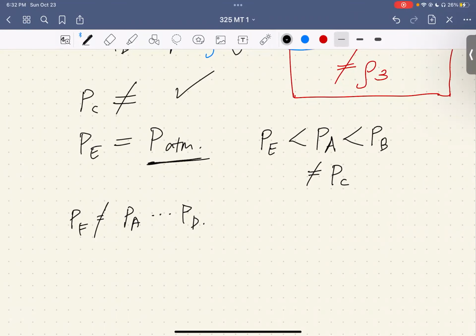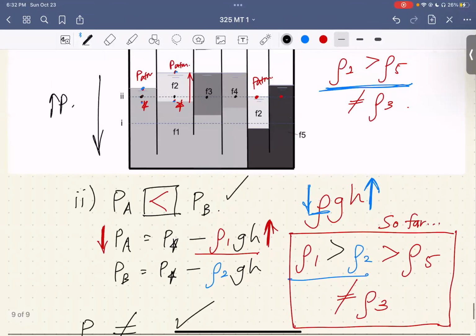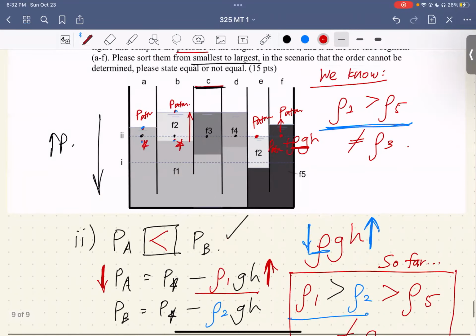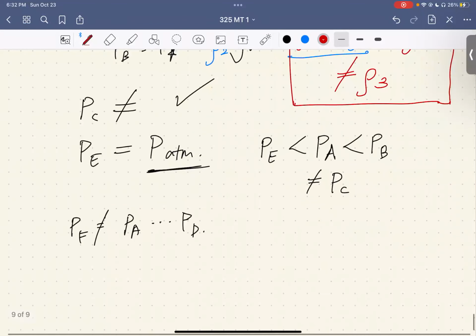And we know right away, because it still needs to go up more, we know this pressure is greater. It's not at PATM. If this is PATM, we know this is something, the height, rho GH added to PATM. So we know that PF is going to be greater than PE.